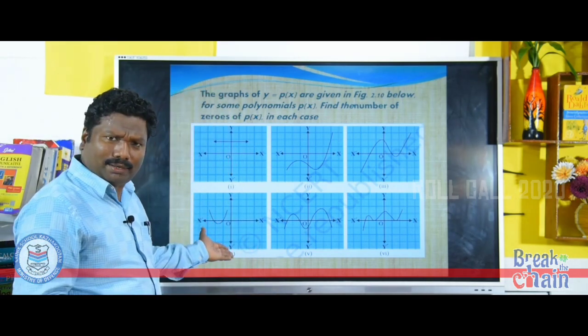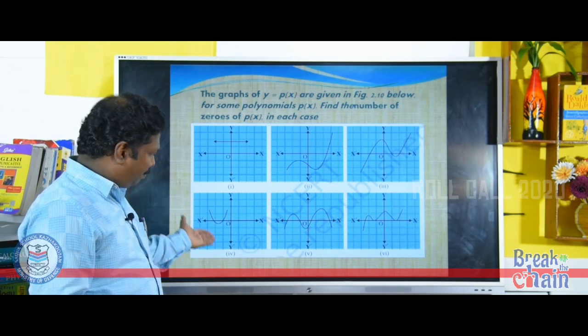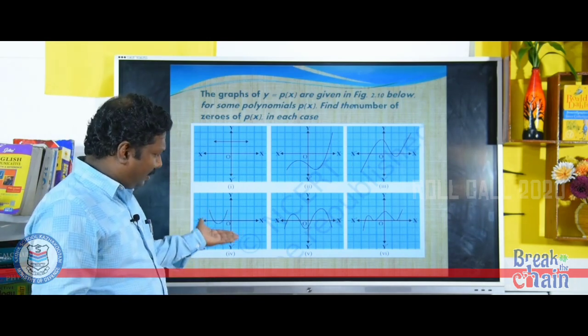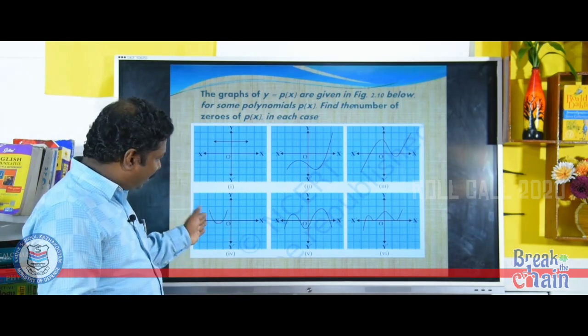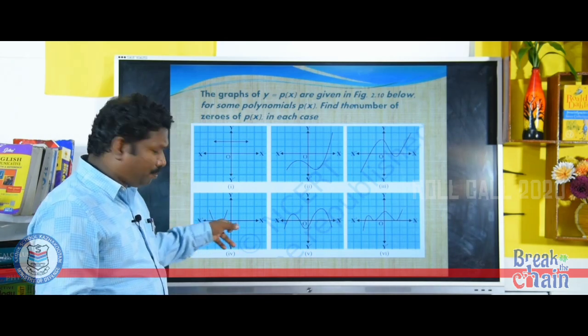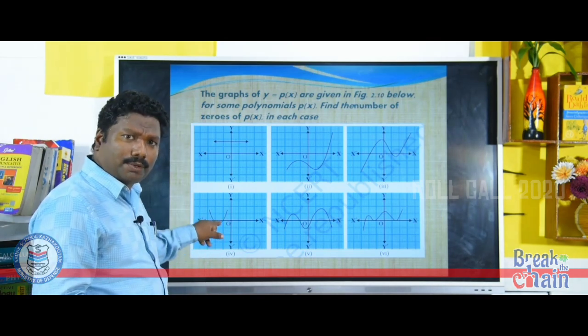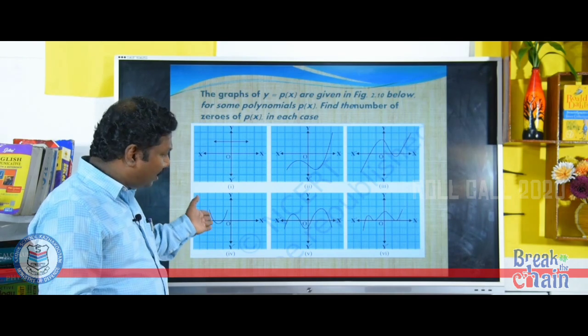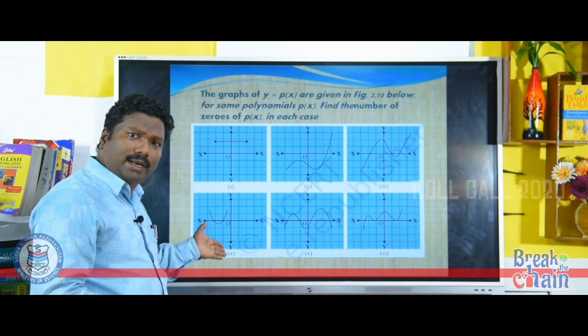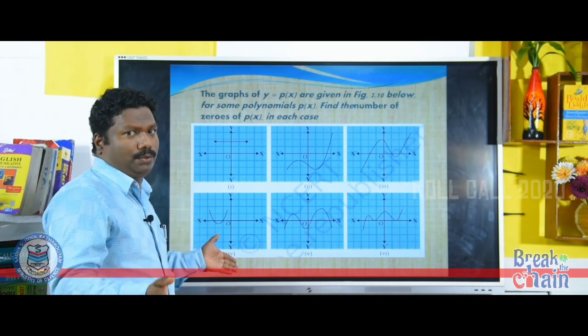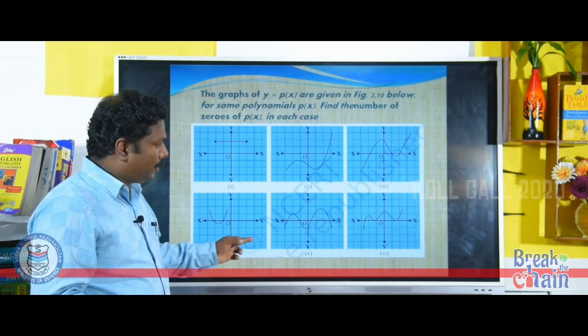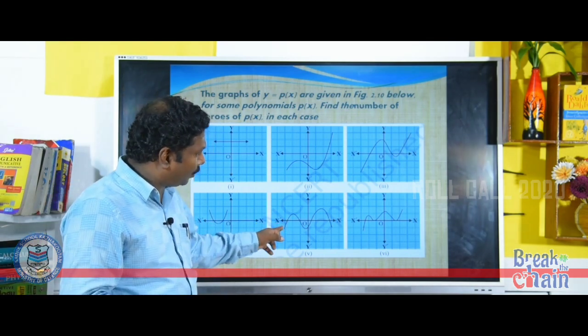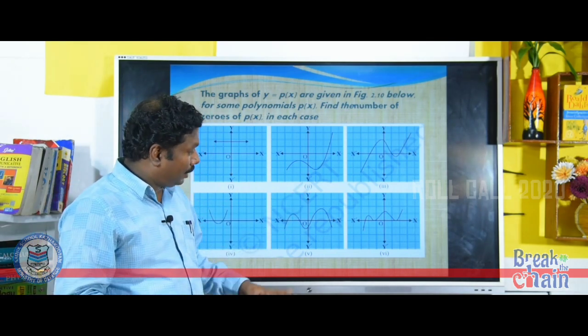It's a parabolic curve. How many times does this parabola touch the x-axis? It touches the x-axis at 2 distinct points. That means this polynomial has 2 distinct zeros.